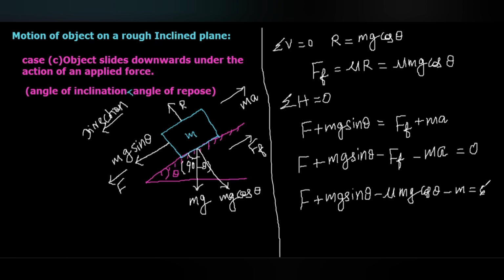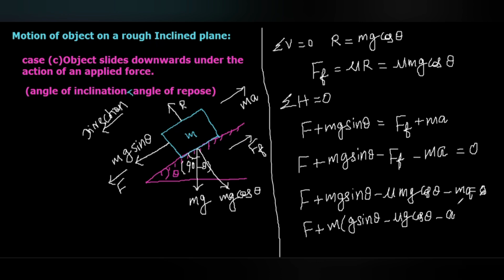Then further we can write, if you take m common in all the three terms, here it is ma, then we will get m into g sin theta minus mu g cos theta minus a equals 0.